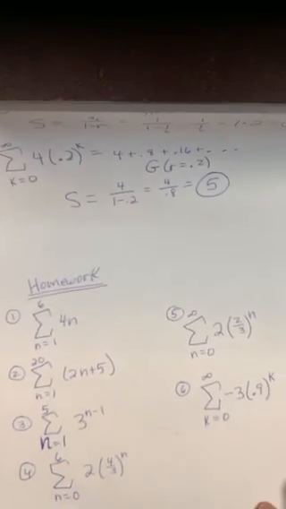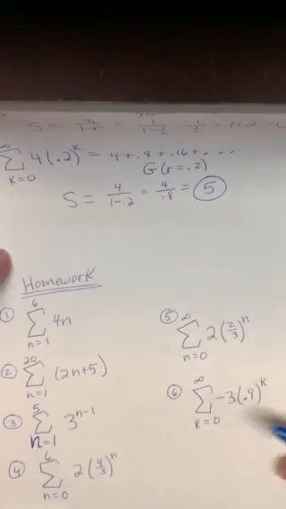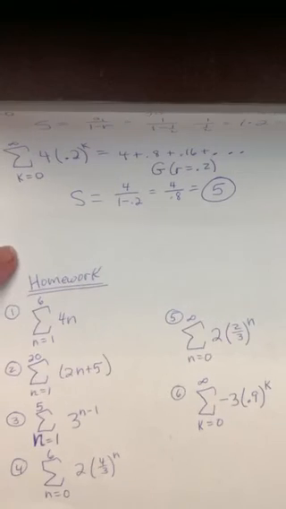Homework would be 6 problems like I just did. So hit pause and copy down all 6 of these and give me a final answer or a final result of what you get when you sum together the numbers of each of these series.